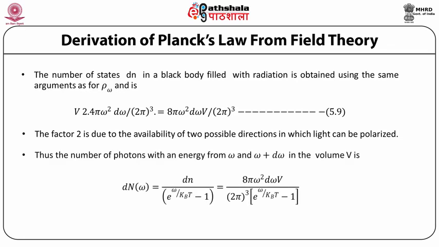Thus, the number of photons with an energy from omega to omega plus d omega in the volume V is dn at the energy omega, which is equal to dn divided by exponential omega by kBt minus 1, which is equal to 8 pi omega squared d omega capital V divided by 2 pi cubed into exponential omega by kBt minus 1.